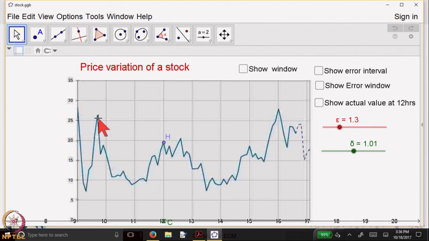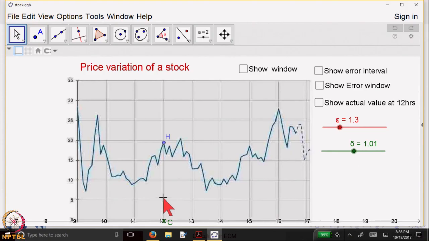There was a peak here, and then something happened, and again it started dropping, then it recovered a bit, dropped, and so on. There are many fluctuations in the price of that stock on that day, and eventually it closed somewhere here. So, this is the price time graph of that particular stock on a particular day.